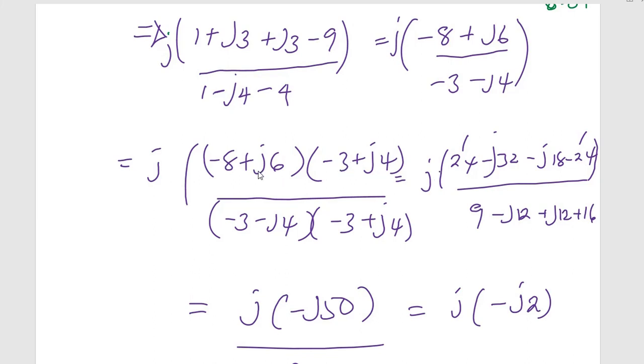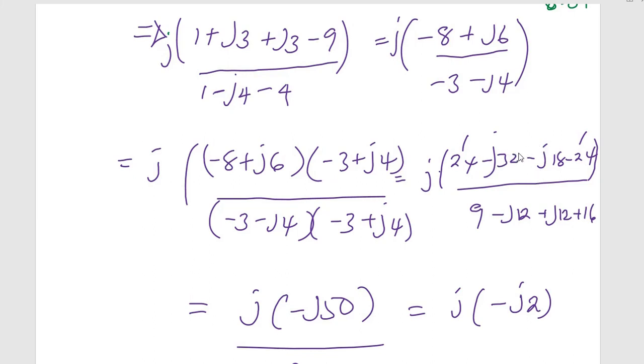So at the end of the day, I will have minus 8 times minus 3 plus minus 8 times j4, which becomes minus j32. Then minus again j6 times minus 3, this will be minus j18. Then j6 times j4, I'll have minus 24.